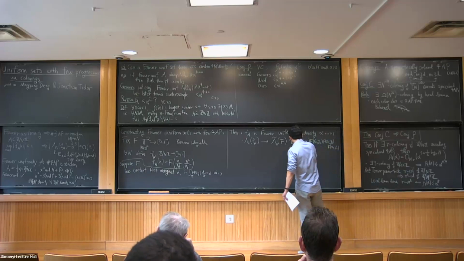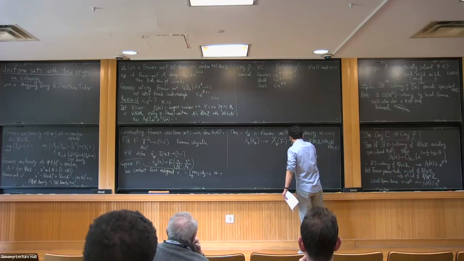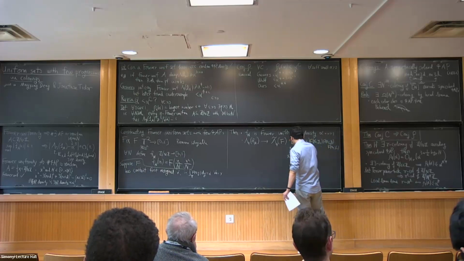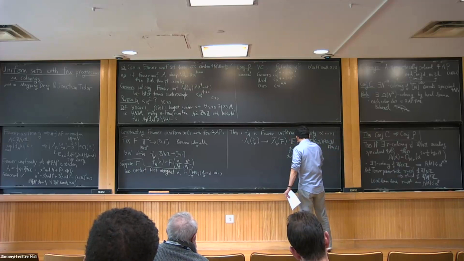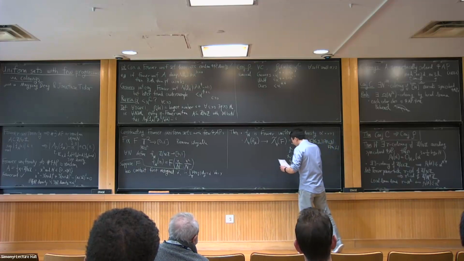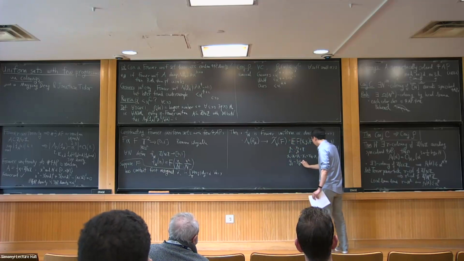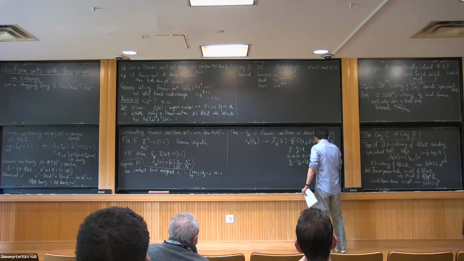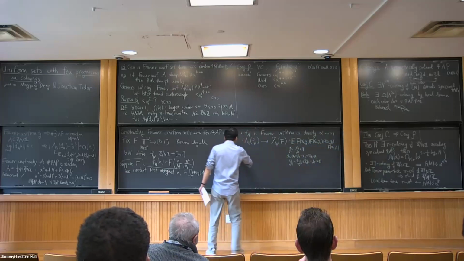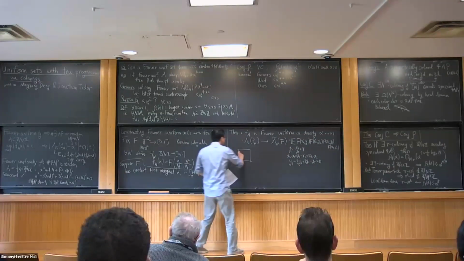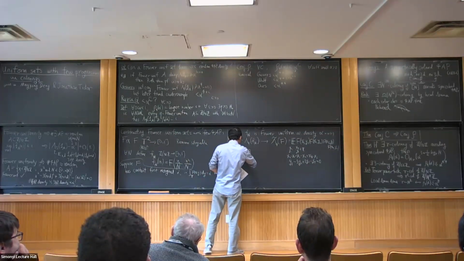These 4 points are chosen with some relation: the x variables form a 4-term arithmetic progression, and the y variables satisfy the equation y1 minus 3y2 plus 3y3 minus y4 equals 0. So F is some function on the torus. Let me draw the torus as a square. It's some function, and let's imagine it's like a 0,1 function.